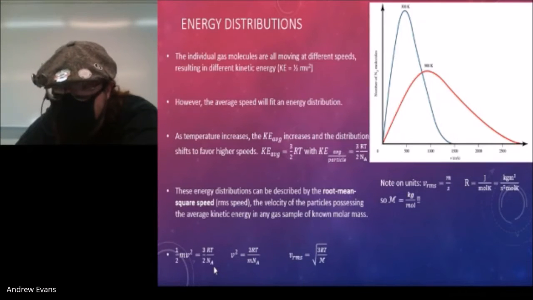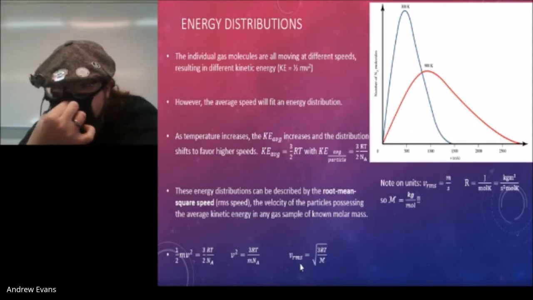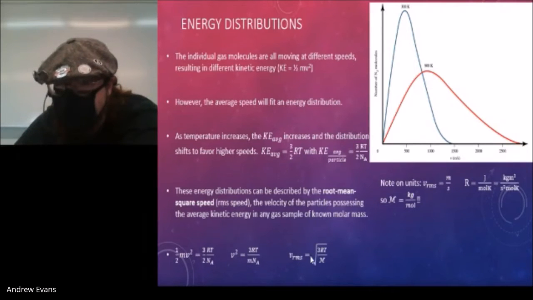If we move the mass and Avogadro's number to one side to solve for velocity, mass times Avogadro's number gives us our molar mass, and the 3RT. And so we end up getting the root mean square velocity is the square root of 3RT over molar mass.